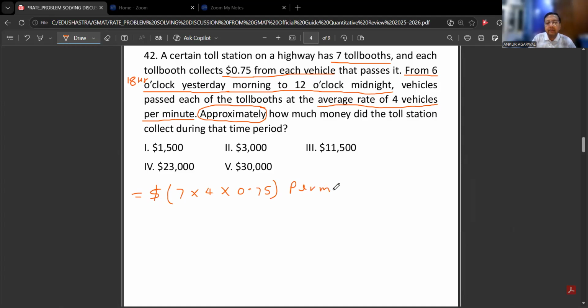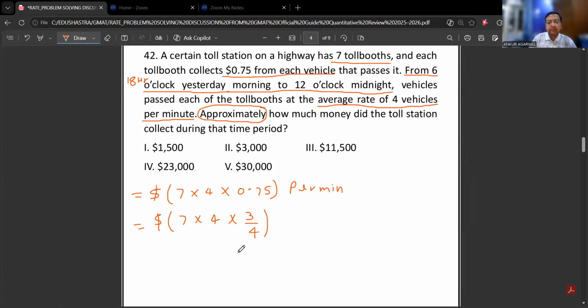Per minute, right? This is the money we are collecting per minute. So let's simplify this. This is $7 times 4 times 0.75. For simplification of the calculation, can I write 0.75 as 3 by 4?